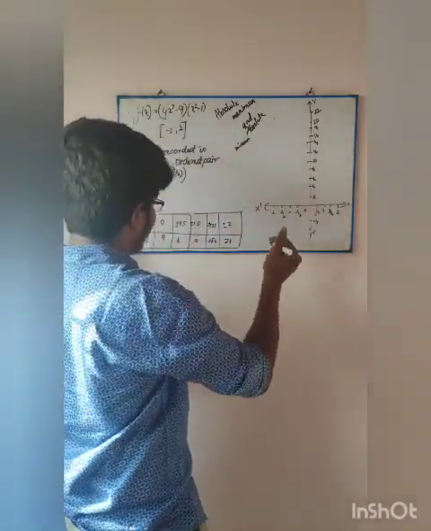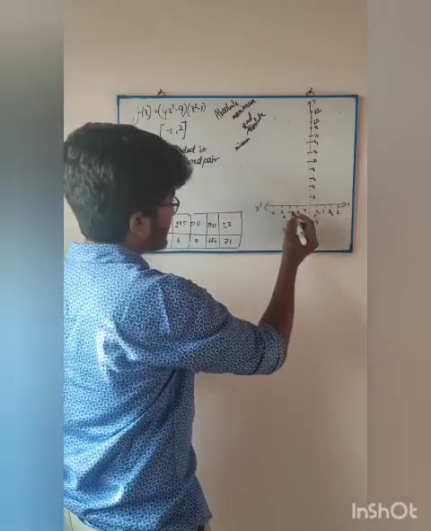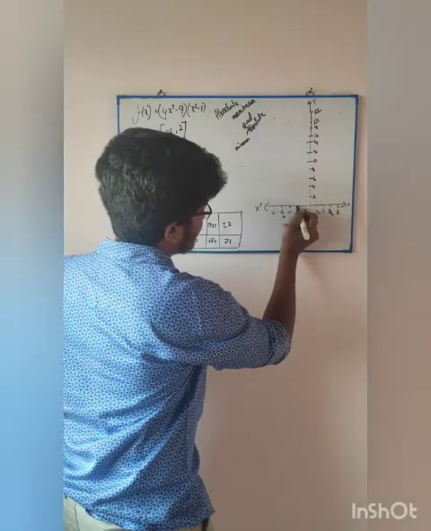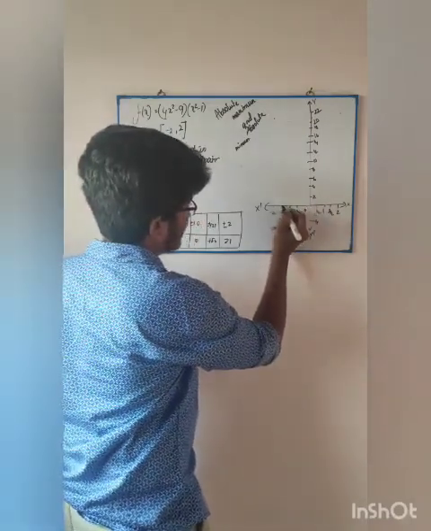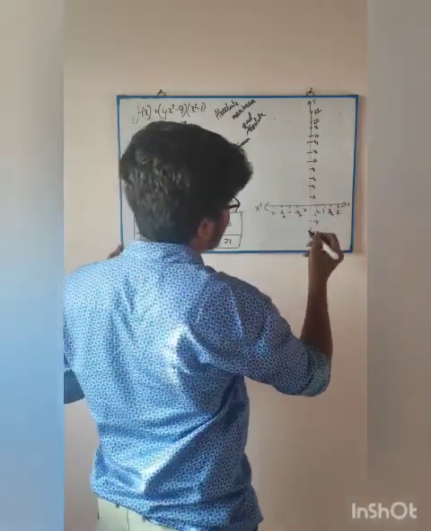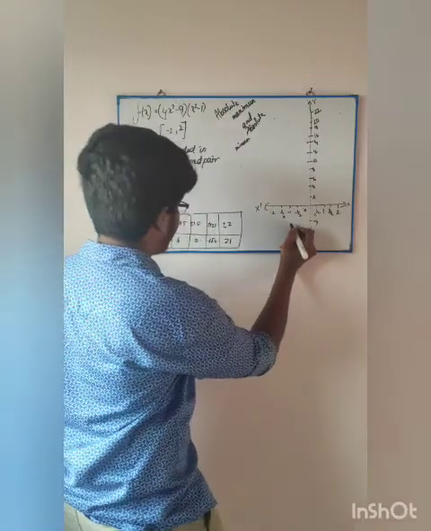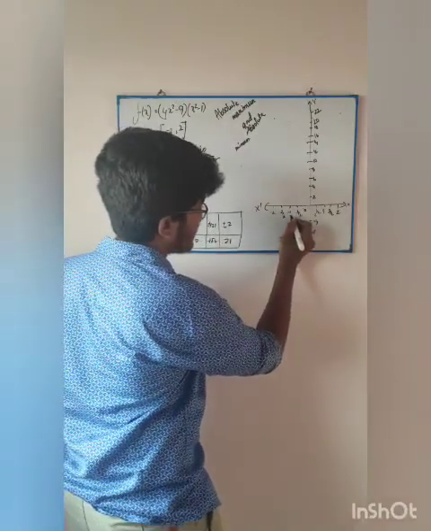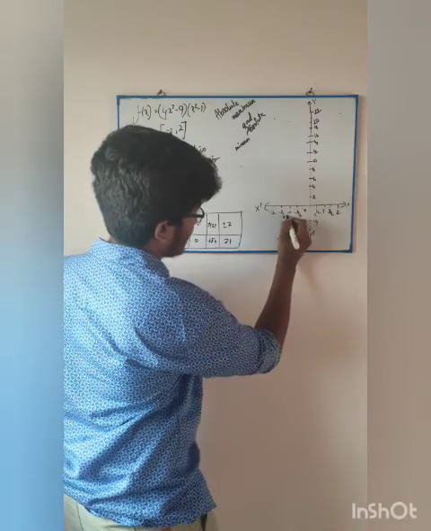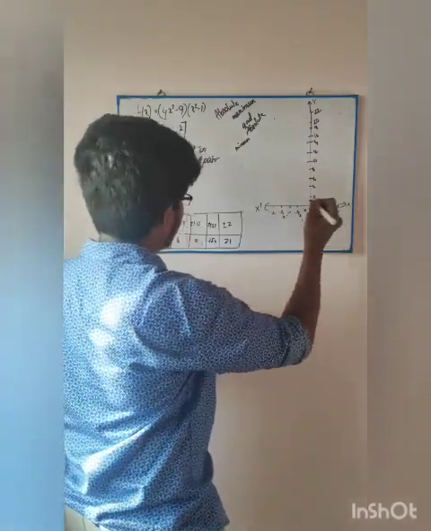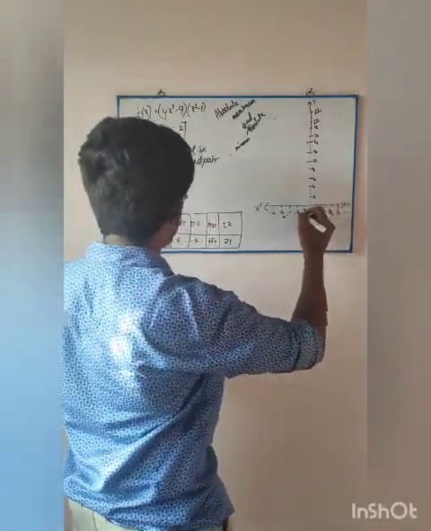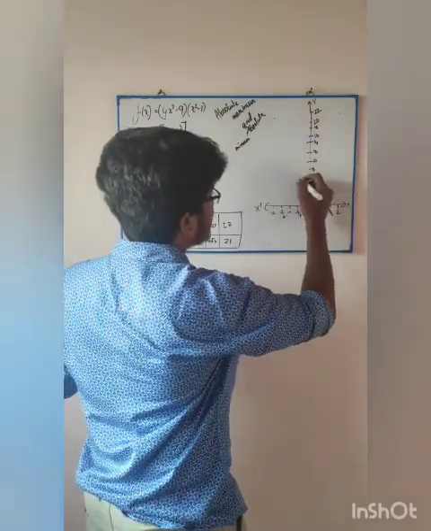For plus or minus 0.5 it will be here, and we will take another value, minus 3 by 2, and we have minus 1.56 at 1.27 here.